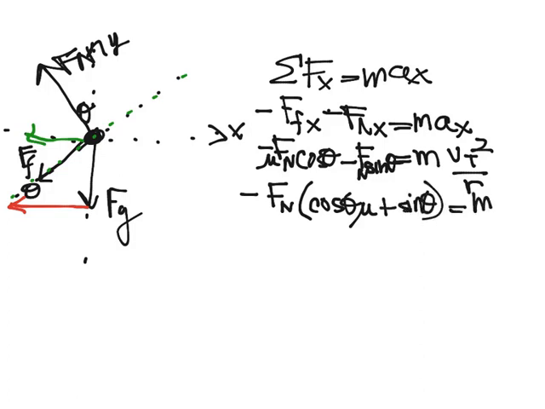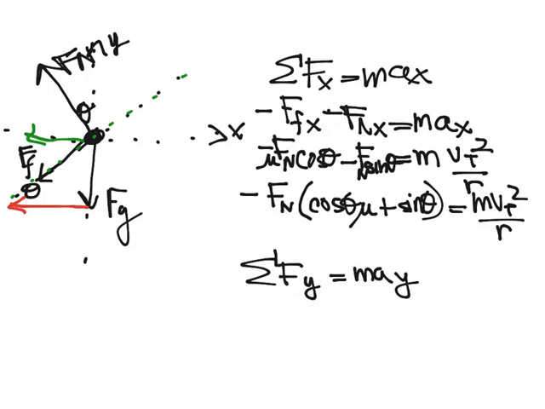Okay, and that's all equal to m vt squared over r. Now in the y direction, we have three forces. We have Fny minus Ffy minus mg equals 0.